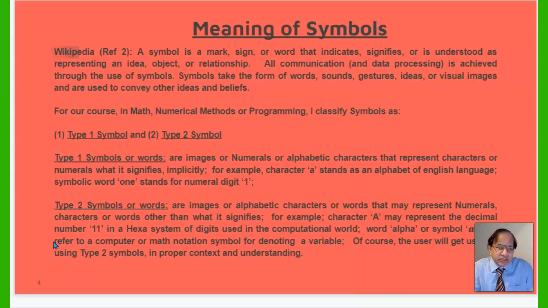Type 2 symbols are images or alphabet characters that represent characters or words or numbers other than what it signifies or stands for. For example, character capital letter A signifies number 11 in the hexadecimal system of digits used in the computational world, and so on.